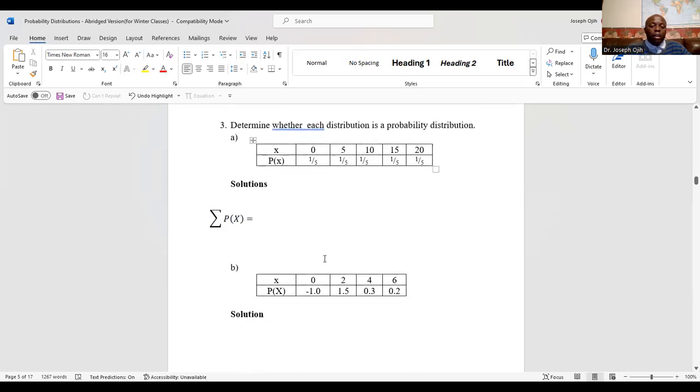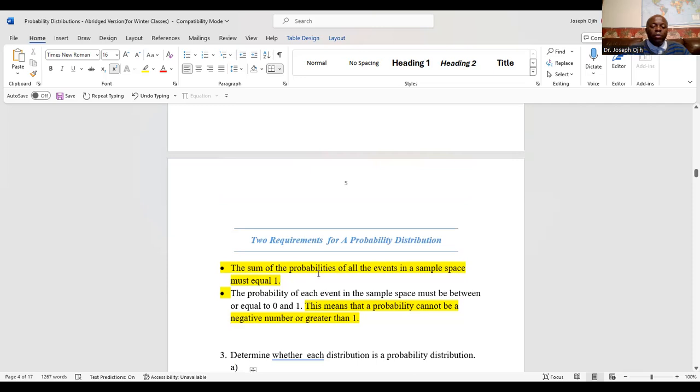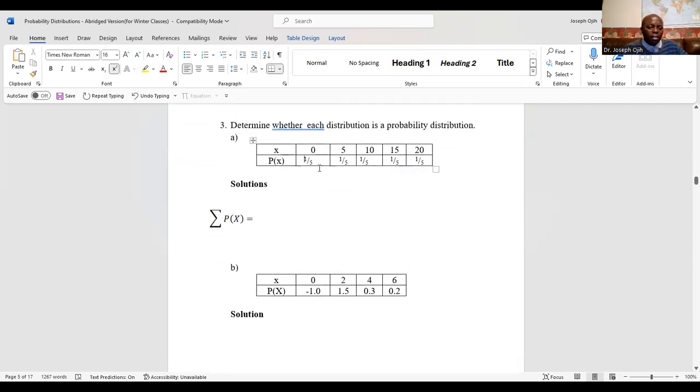So let's see an example here. It says, determine whether each distribution is a probability distribution. Let's look at the first one. So remember the first feature, that the sum of the probabilities of all the events must equal 1. So let's see if this represents a true probability distribution.